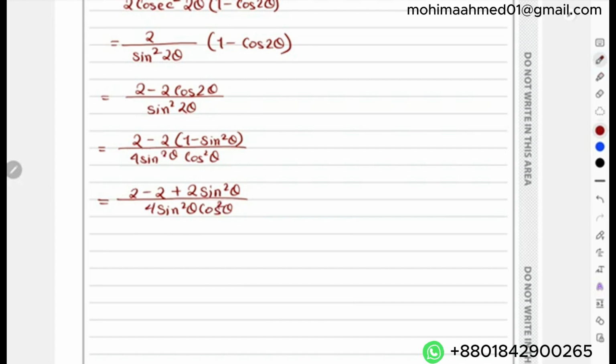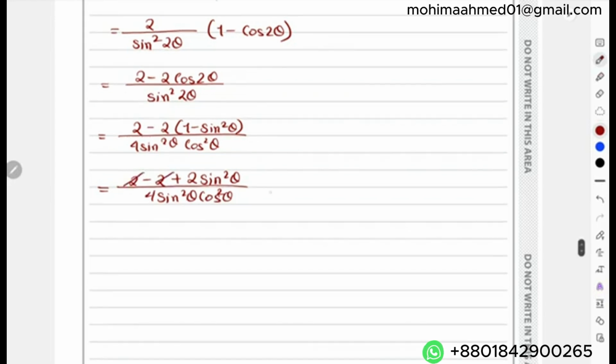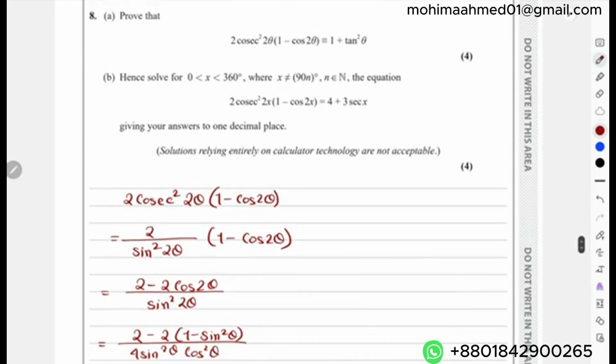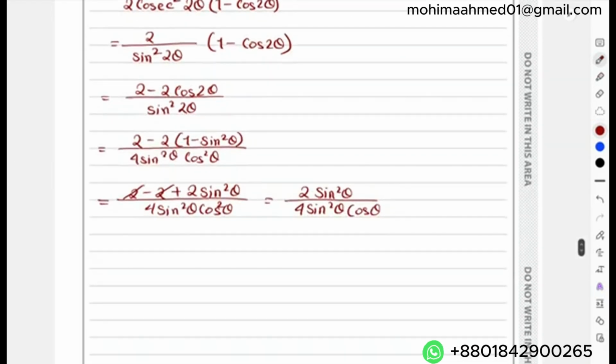So what exactly you get is that this 2 gets cancelled out, right? 2 minus 2 is eventually 0. So you have 2 sine squared theta over 4 sine squared theta cos squared theta.